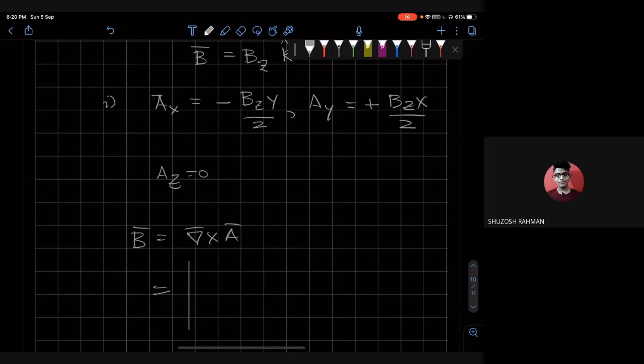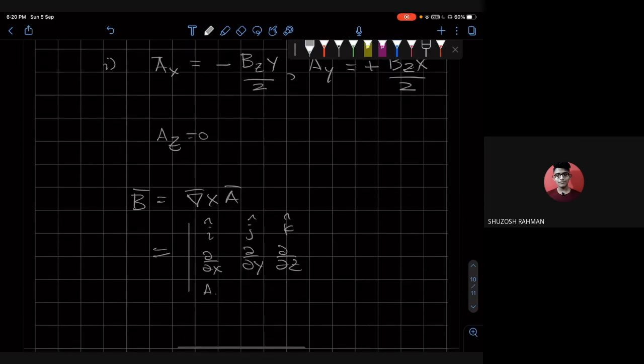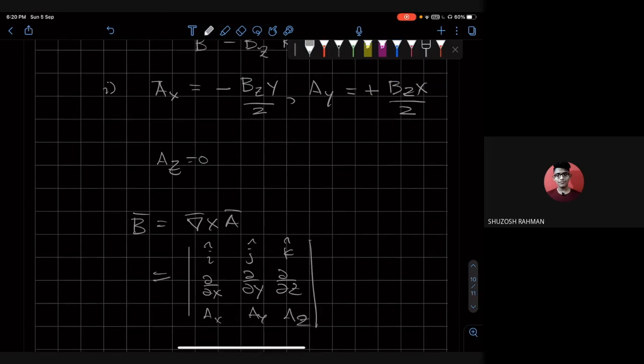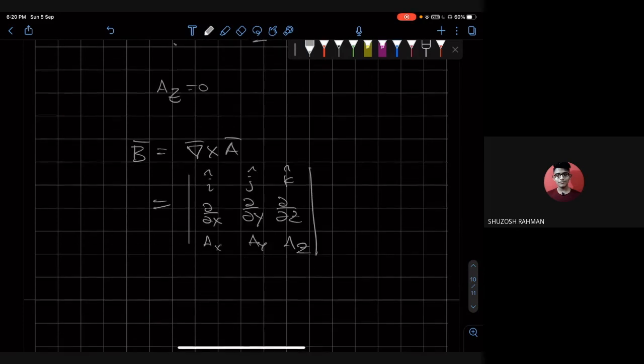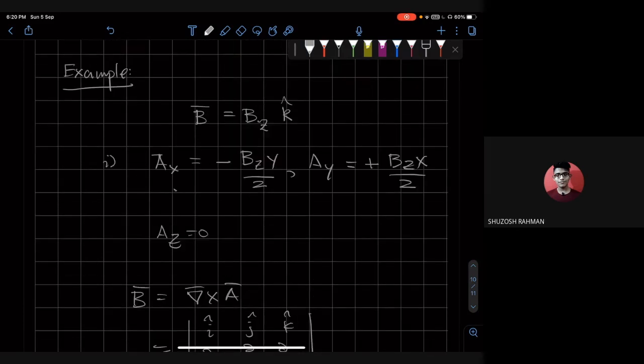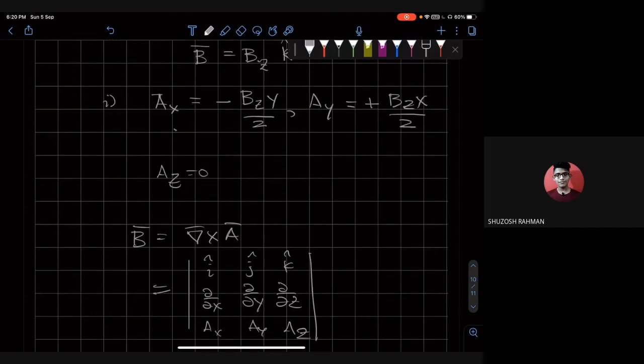Yes, sir. So you have something like i, j, k in a determinant, and you have d by dx, d by dy, d by dz, and here you have Ax, Ay, and Az. So if you use this and these values, then you'll basically get this thing, right? So this is a choice of a gauge.